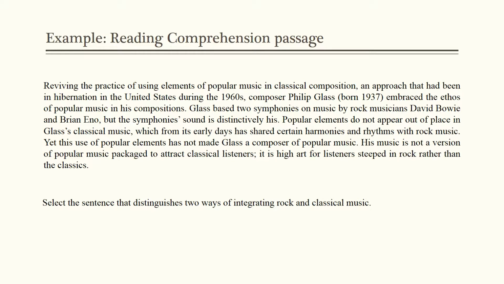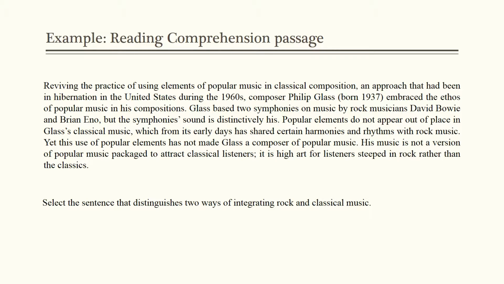Glass based two symphonies on music by rock musicians David Bowie and Brian Eno, but the symphony's sound is distinctively his. Popular elements do not appear out of place in Glass's classical music, which from its early days has shared certain harmonies and rhythms with rock music.